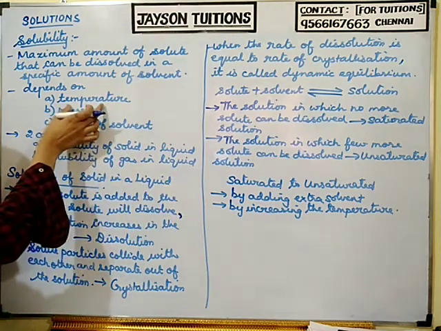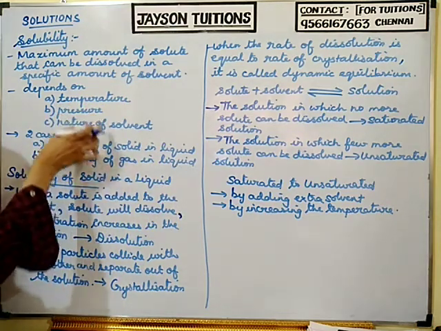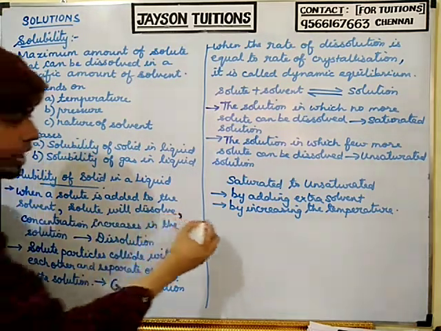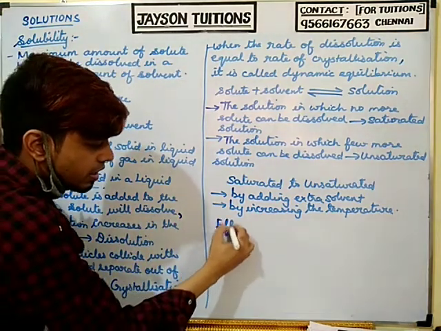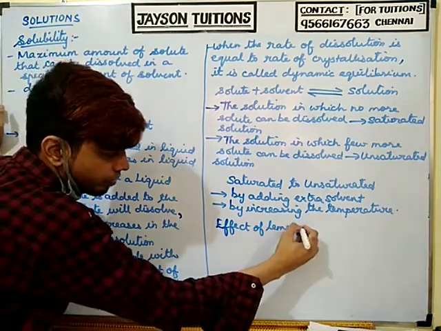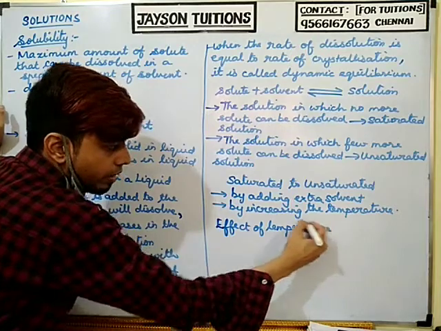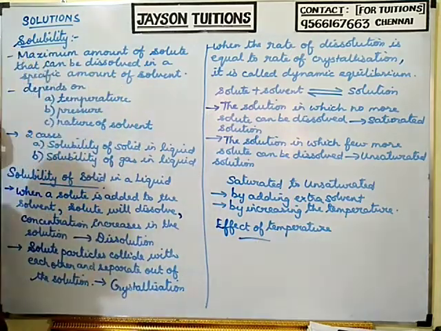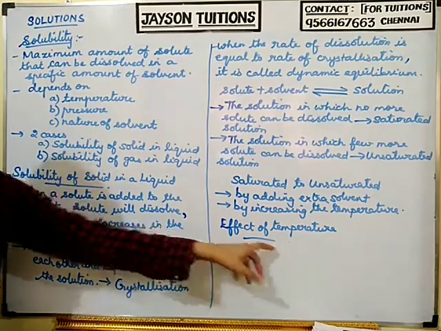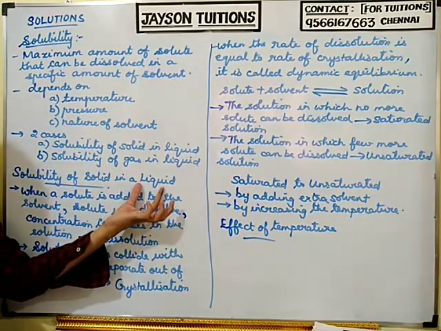How temperature is going to affect that and how pressure is going to affect that, I am going to see. The first one is effect of temperature, for solid in liquid.